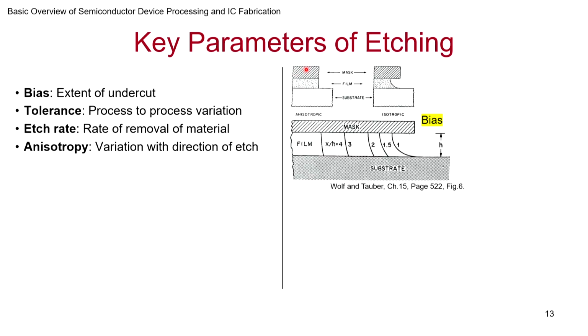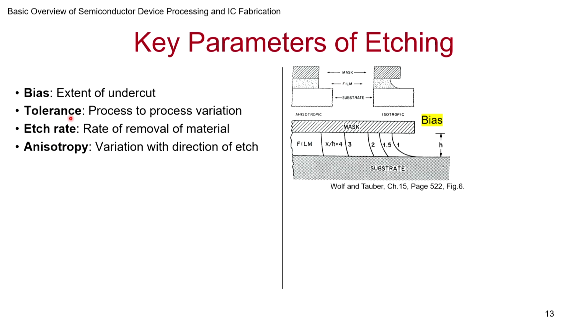For example, there's a mask here and then you are doing the etching, so ideally this portion should go away, but in reality this portion goes away, but also something goes underneath. How much it goes underneath is called the bias. And notice this bias keeps increasing as you increase the time for which the etching is done. Usually this is more in the case of what we will see is isotropic etch.